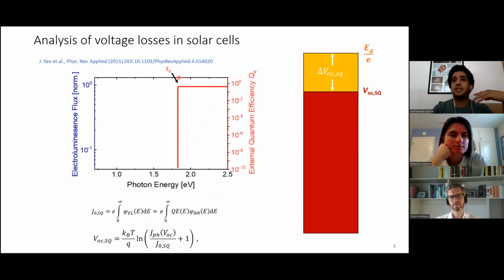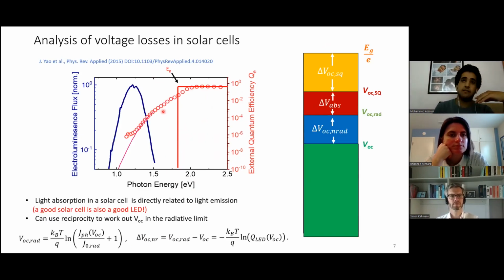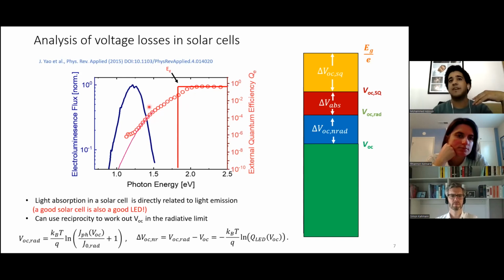In organic solar cells, it's very hard to quantify this band gap, and in real organic solar cells we often have sub-band gap absorption. So in order to quantify the voltage losses in this case, we introduce a new value that we call VOC rad. That's the radiative limit based on the real absorption, or the real EQE that we can measure.